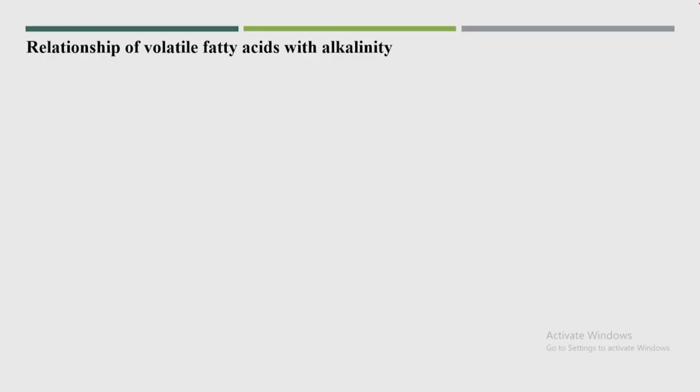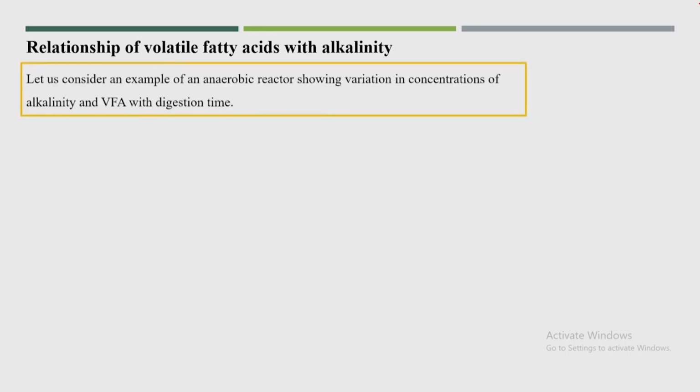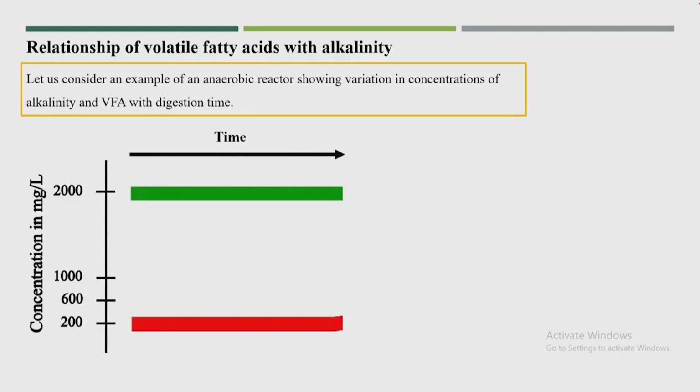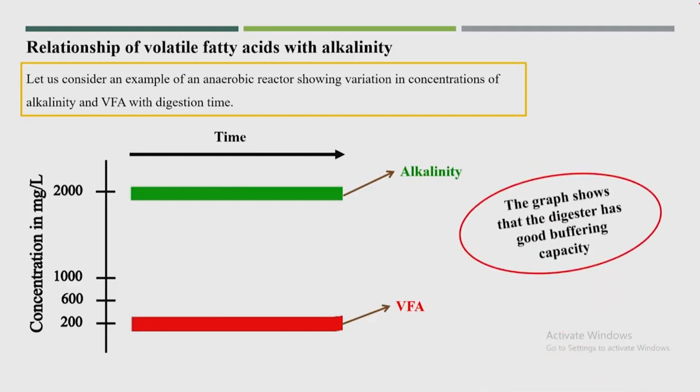So, what will be the relation between volatile fatty acids and the alkalinity? Let us consider an example of an anaerobic reactor showing variation in the concentration of alkalinity and VFA with digestion time. Here you can see the green color is the alkalinity and the red color is VFA.